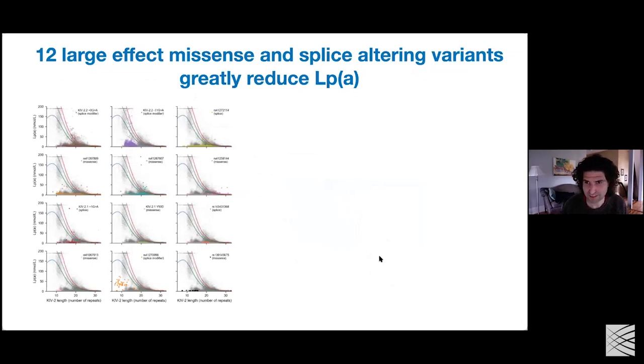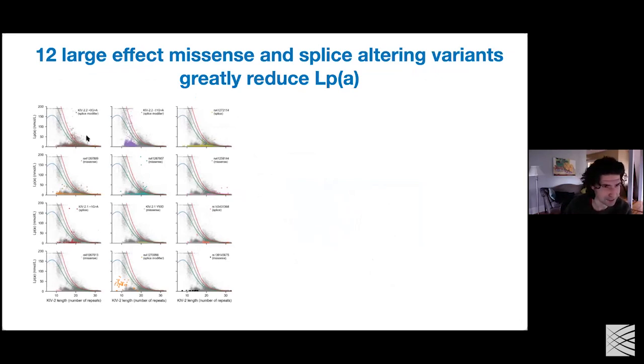Each of 12 rounds of this conditional analysis identified a large effect missense or splice altering variant that appeared to greatly reduce LPA. In each round of the analysis, the identified variant had literally the strongest association statistic among all variants within 1 megabase of LPA. In each panel of this figure, I've highlighted the haplotypes carrying one of these variants.